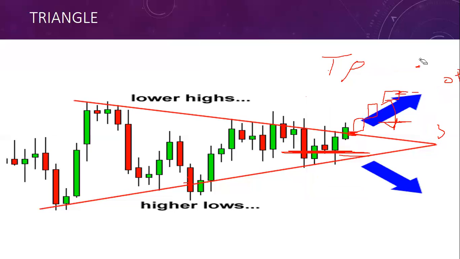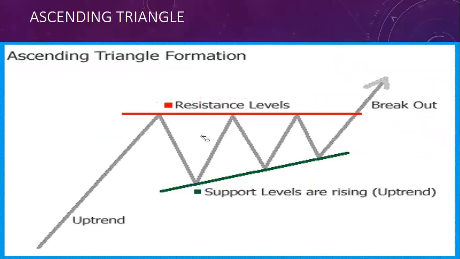Okay. So let's delete this and let's continue. Next here is the expanding triangle. This is the same as the triangle we saw here, but the two lines, I cannot see where they will meet.